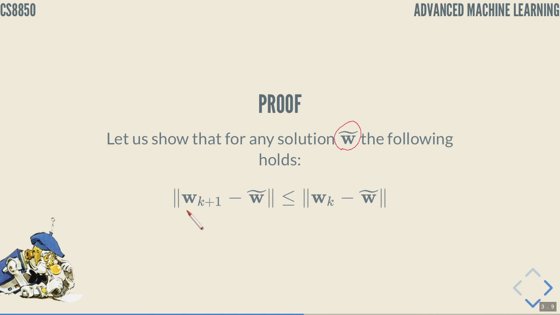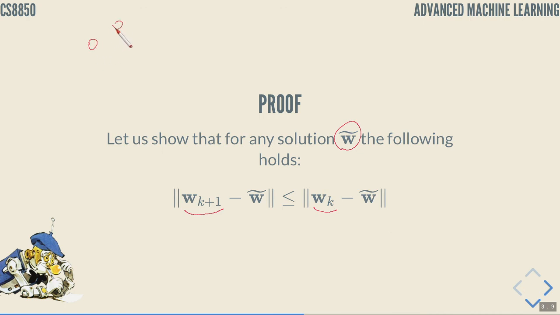We need to show that, with k being our iteration, the next iteration is closer to the solution than the previous one. Or rather, there is no single optimal in perceptron per se, it's anything that separates the two classes.